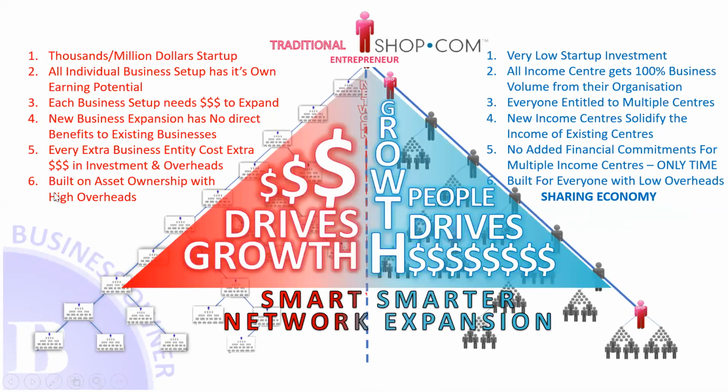So in a nutshell, the summary of the differences between traditional or franchising businesses versus shop.com is that with traditional businesses, money drives growth. You need to have a lot of money to start up, to expand, to grow. Whereas with shop.com, the growth of people, the people power, drives the business, and that's why we call it sharing economy.